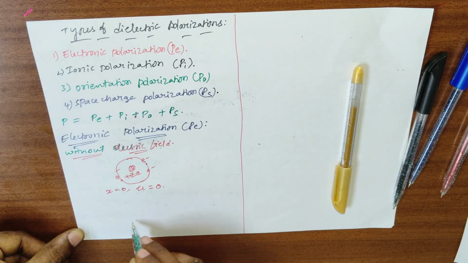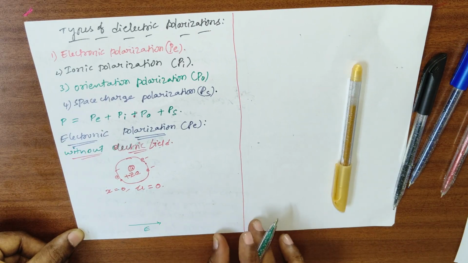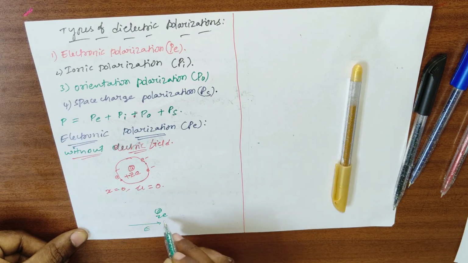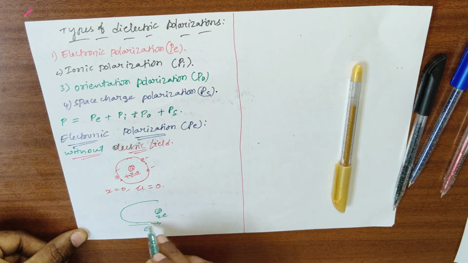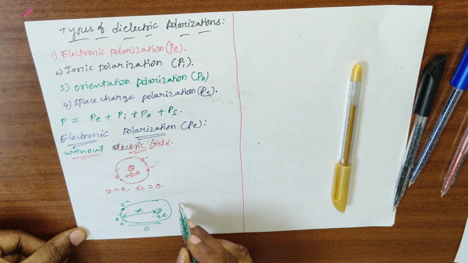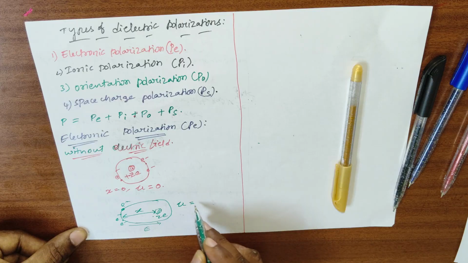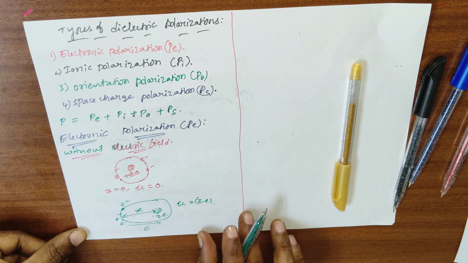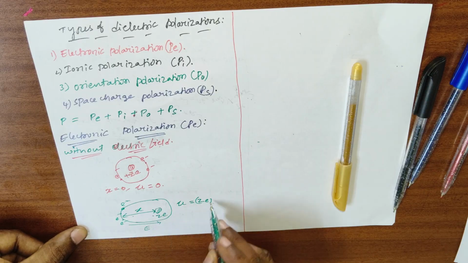When an external electric field E is applied to the atom, what happens? The nucleus is displaced along the direction of the electric field and the electron cloud is displaced opposite to the electric field, with a displacement x. Here the dipole moment becomes ZEx, equal to the charge of the nucleus into the displacement between the two charges, x.